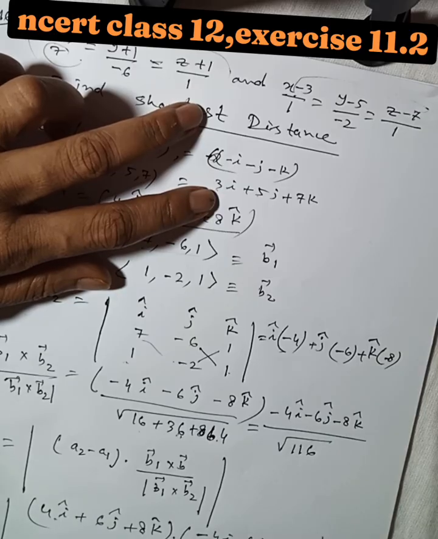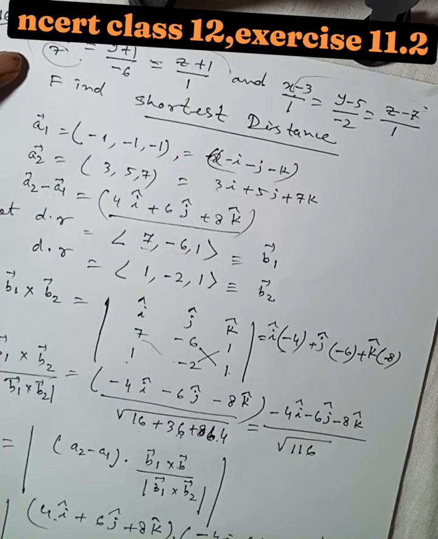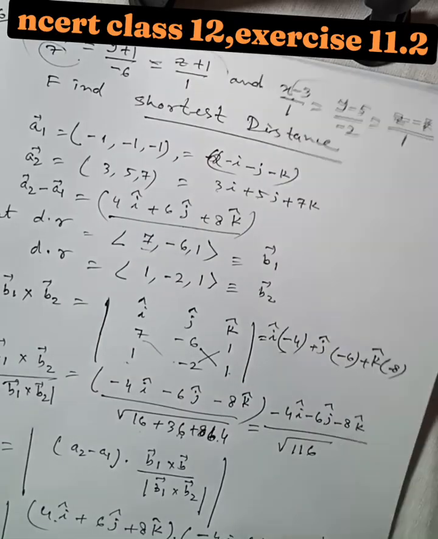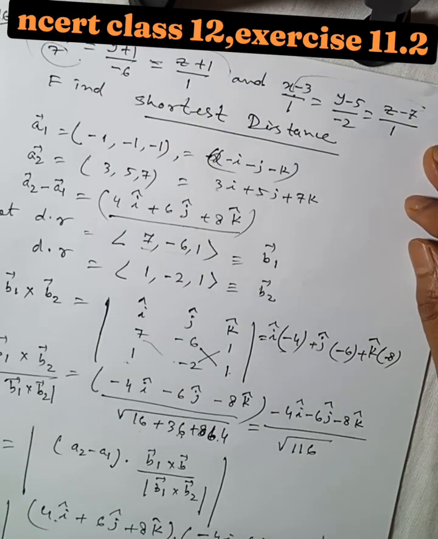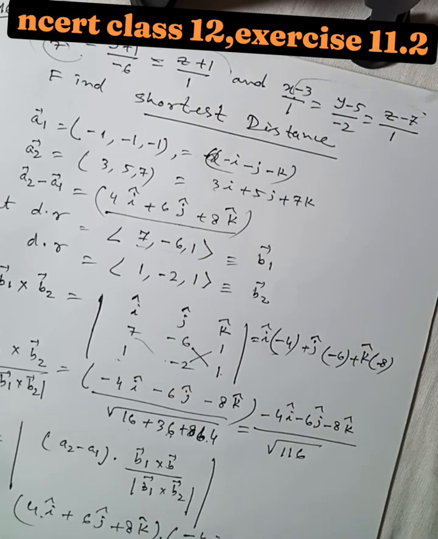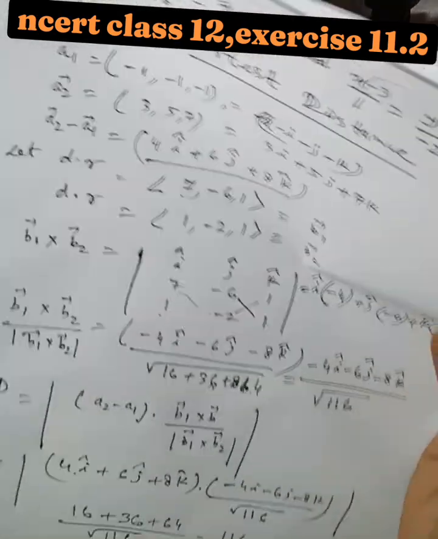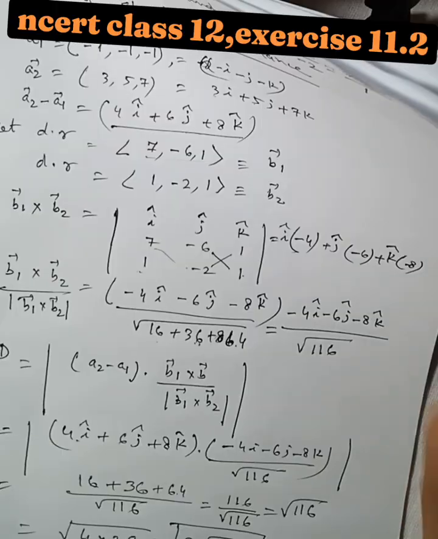This will be 2 root 29. This is the answer. The shortest distance between the two given lines is 2 root 29.